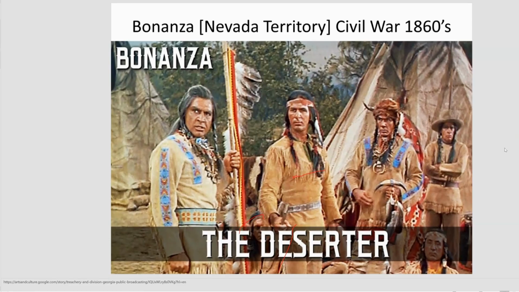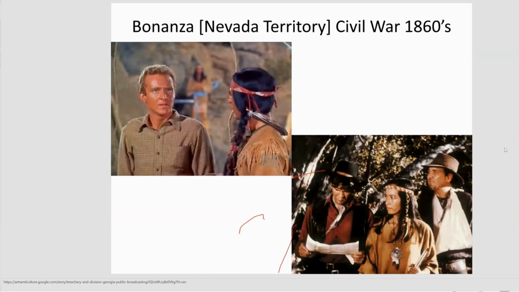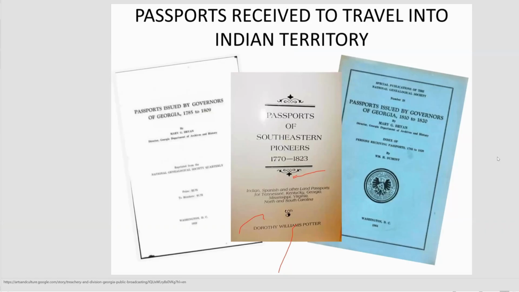Even though this was close to the Civil War, I was looking at it for a concept of history. This particular episode showed how the man on the bottom set up shop and had a business, but he married this Native American woman, and so the Cartwrights had to do business with this family. Of course, we know Bonanza was showing blends of what history looked like in that period of time.